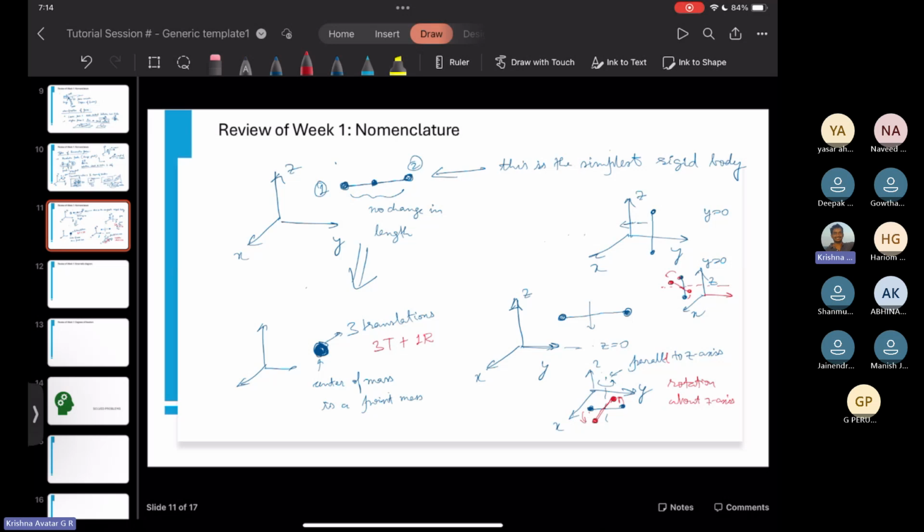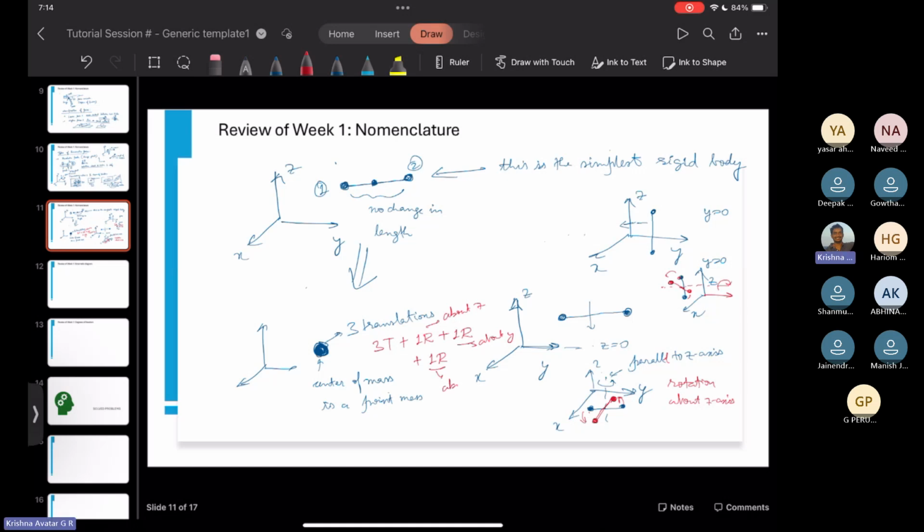What we found is that there is one more rotation possible, about the Y axis. So one more rotation added. Likewise, one more about the x-axis. So you have about y, about z, about y, and about x.